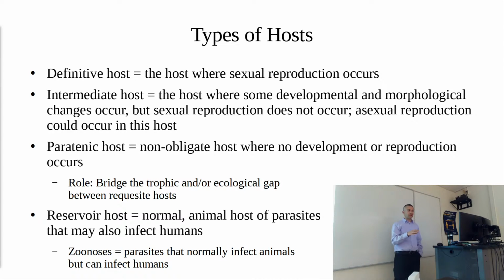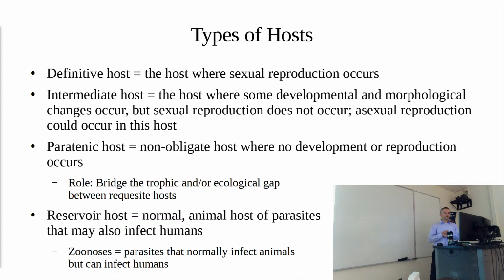I didn't just say any regular reproduction. It's got to be sexual reproduction. This is where our meiosis is going to occur. This is where our fusion occurs to form the zygotes. So the definitive host is basically our final host. This is where our adult worms, our adult parasites, are going to reside.